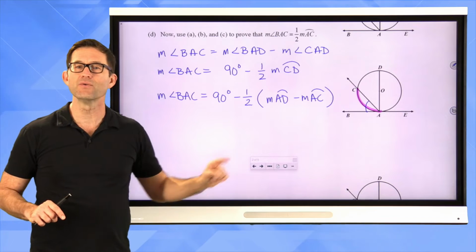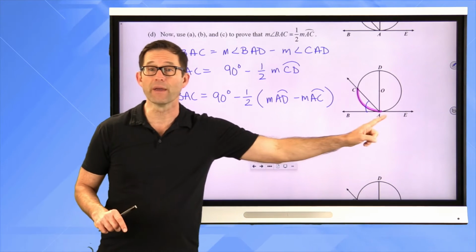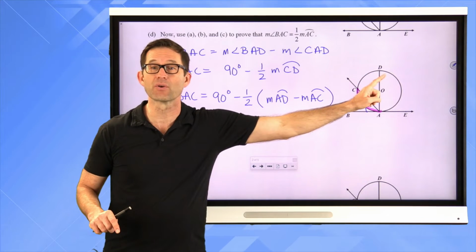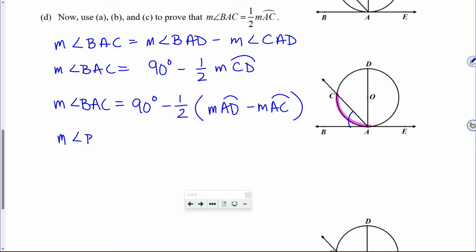Let's do another substitution. We know that the measure of arc AD is 180 degrees, right? Because that is a semicircular arc. So I can now say the measure of angle BAC is equal to 90 degrees minus 1/2 of 180 degrees minus the measure of arc AC.